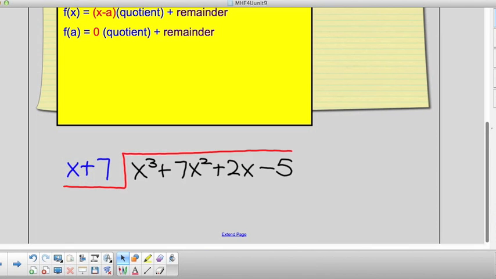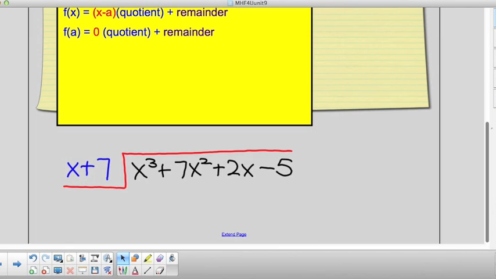Okay, first of all, according to the remainder and factor theorem, if x plus 7 has a remainder of 0, then it's actually a factor, which means it's a root. It's also one of the x-intercepts of my function, right?